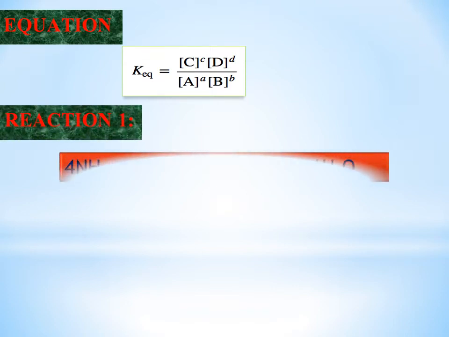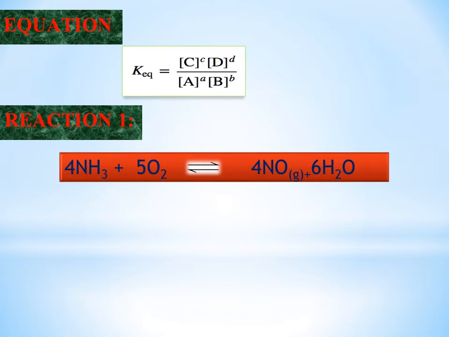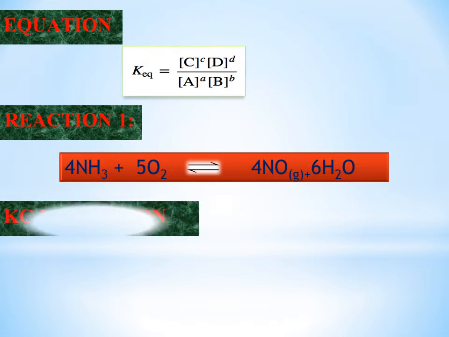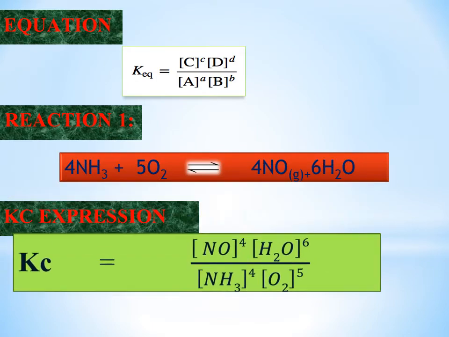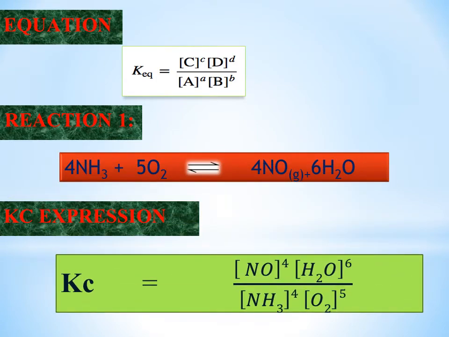Now reaction number 1 is, when 4 moles of ammonia react with 5 moles of oxygen, it will give us 4 moles of nitric oxide and 6 moles of water. So the Kc expression for this reaction will be, as you can see, 4 moles of nitric oxide, so here we will write concentration of nitric oxide raised to 4, as this 4 shows the moles of nitric oxide, then concentration of water raised to 6, and this 6 shows the 6 moles of water.